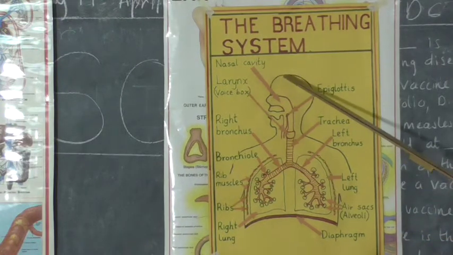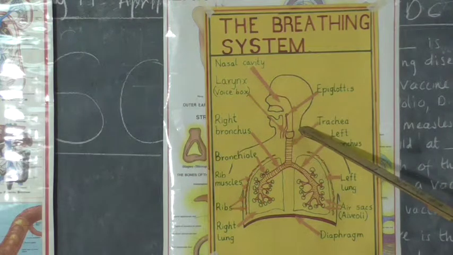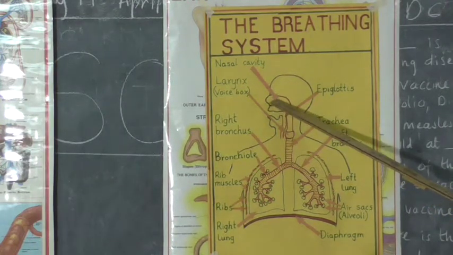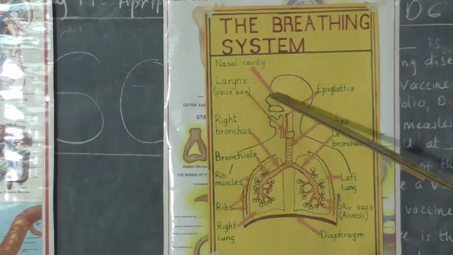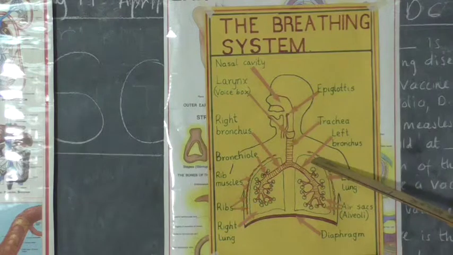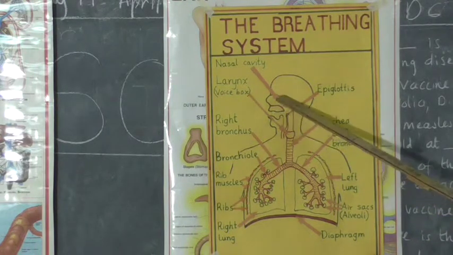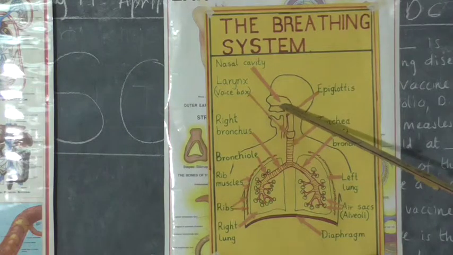So everything that enters the body is made warm at a given point, so that the temperature of that air is equal to the temperature of the human body. So the nasal cavity makes the air warm.